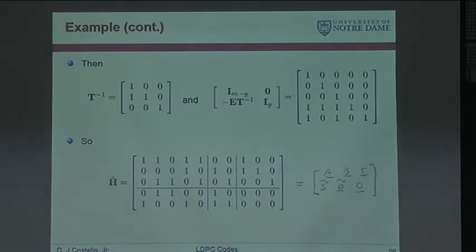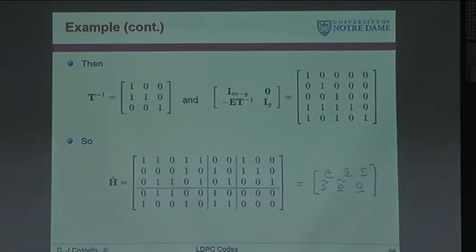Now, the other matrix that we wanted to multiply H by was this thing. If we carry out that operation, M in our case is 5 and G was 2, so we got a 3 by 3 identity matrix here, this 0 matrix here, and a 2 by 2 identity down here. And this is E times T inverse.